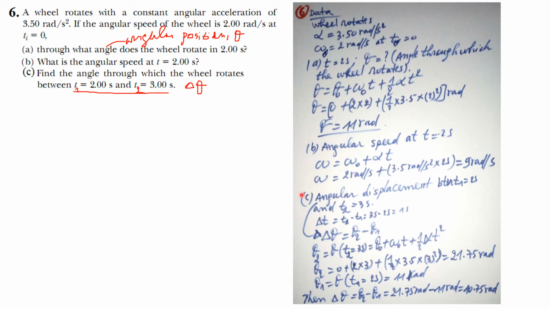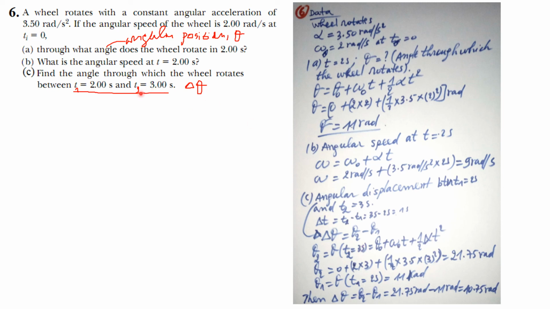Then part C, the angular displacement between t1 equals 2 seconds and t2 equals 3 seconds. Delta t here equals t2 minus t1, which is 3 seconds minus 2 seconds, equals 1 second, and delta theta equals theta 2 minus theta 1, where theta 2 is the angular position when time t equals 3 seconds.